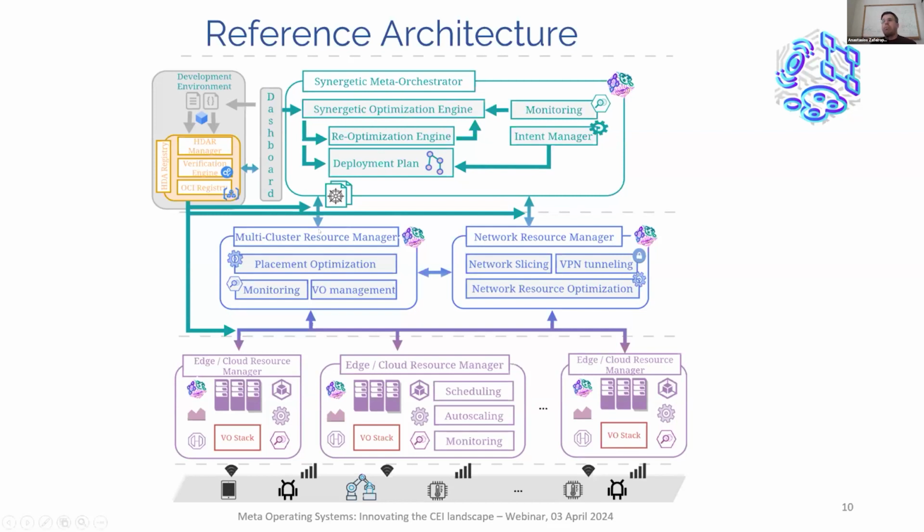But this goes down to a multi-cluster resource manager, doing optimizations on a per-cluster basis, management of the virtual objects, and also to network resource managers that can facilitate requirements and needs coming from the networking part. And this goes down to the specific clusters and the scheduling, scaling, and monitoring mechanisms within the clusters, and for sure to resources spanning across the continuum, including the IoT devices.